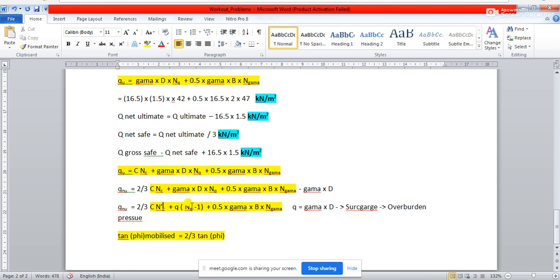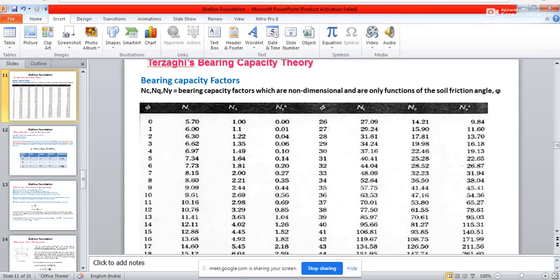These dashes will come on these three factors, because whatever values of Nc, Nq, N gamma you used to have for a particular phi, because of the effect of local shear failure, as phi gets reduced, the values of Nc, Nq and N gamma will also change, because these factors are directly dependent on phi.